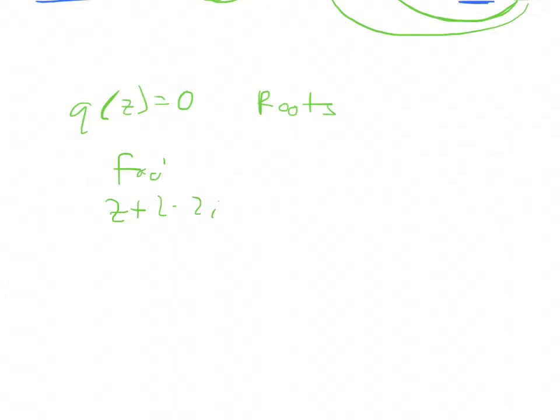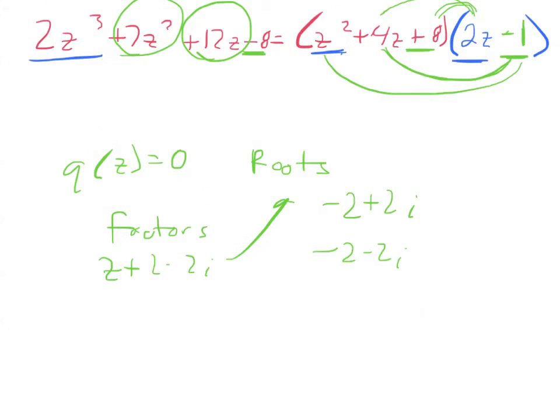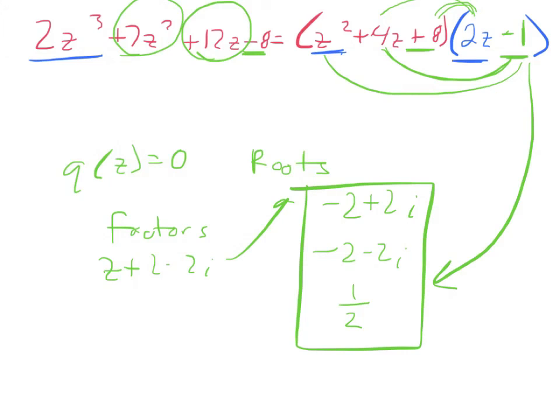This was one of the factors, right? So the roots are going to be negative 2 plus 2i, negative 2 minus 2i because of the complex conjugate root theorem, and then the last one is this one, which provides us with a root of 1/2. These are the three roots of this polynomial.